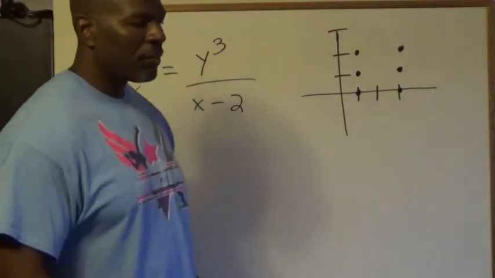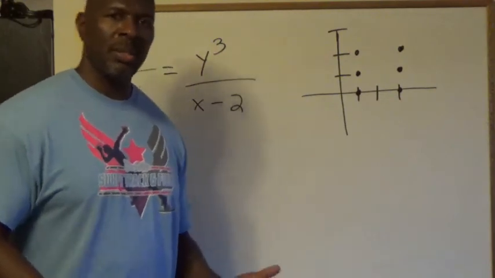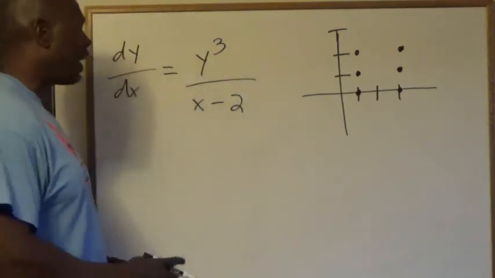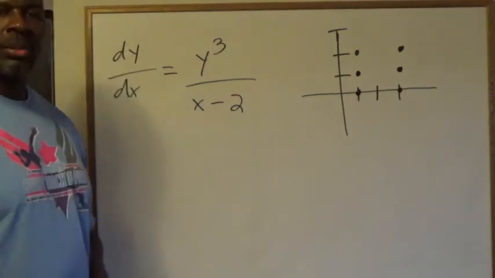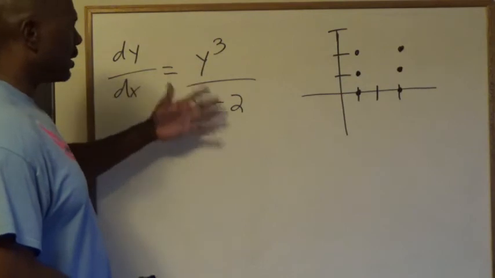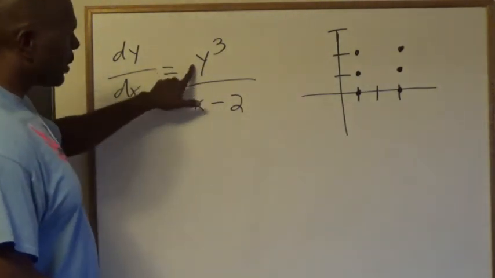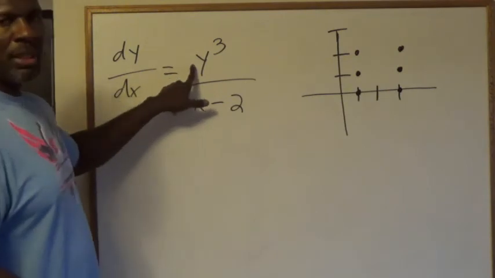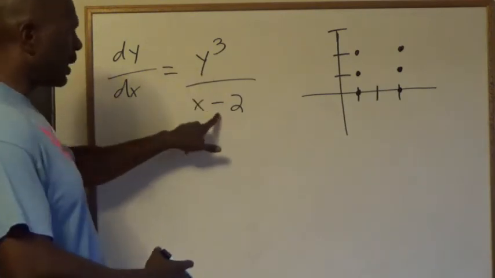Now when I do these problems, the first thing I want to do is see where my slope is going to be 0. If I have a rational expression like this, it's going to be 0 where your numerator is 0, of course, if that value doesn't also make your denominator 0. So obviously when y is 0, my slope is going to be 0 regardless of the value of x, except of course when x is 2.